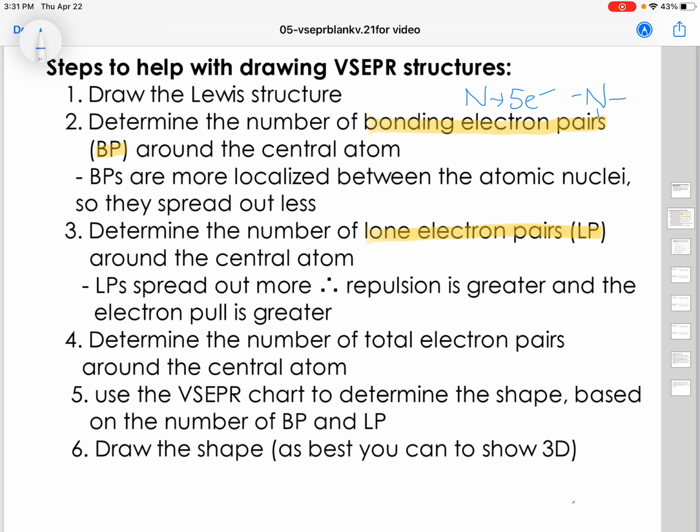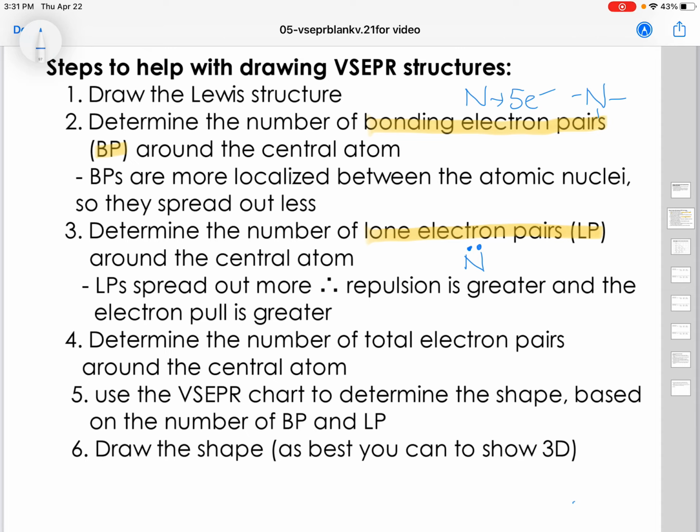But then how do you get 5? 1, 2, 3 bonds. So that means there's 2 left over. How do those look? There's going to be a pair of electrons that are by themselves. So lone, okay? And that is going to be the difference. So in a Lewis structure, it's easier to see which ones are paired up with another atom and which ones are lone or by themselves.